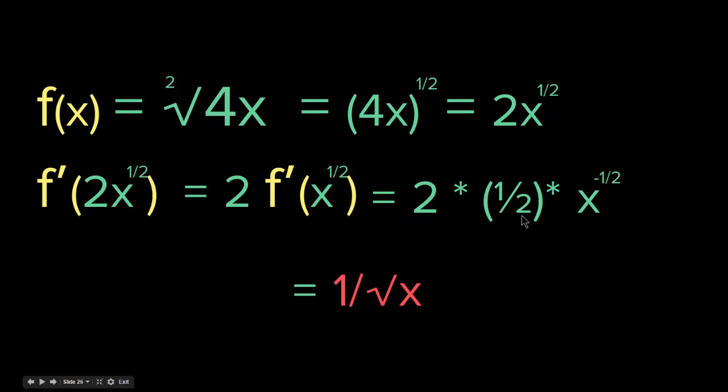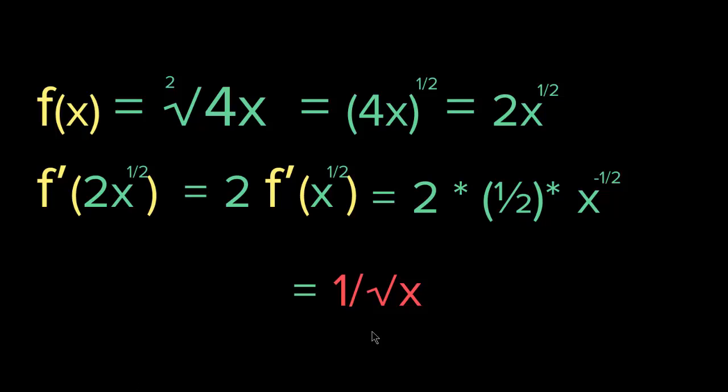This 2 will go with this 2 because half times 2 becomes 1. And this x to the minus 1/2, you put it underneath, it becomes x to the half, and x to the half, just like here, is x under the square root. So 2 times 1/2 times x to the minus 1 over 2 is 1 over square root of x.